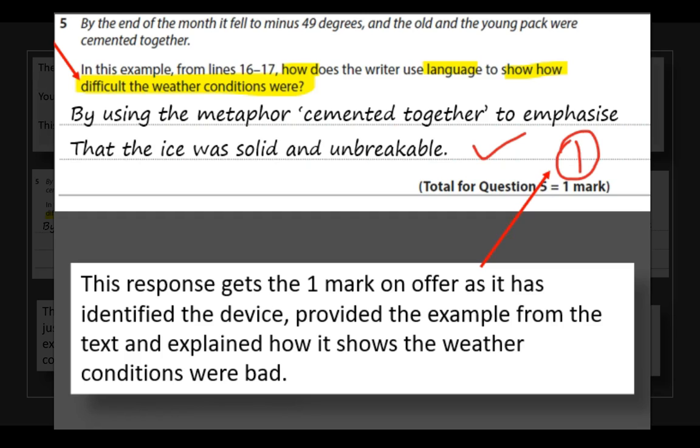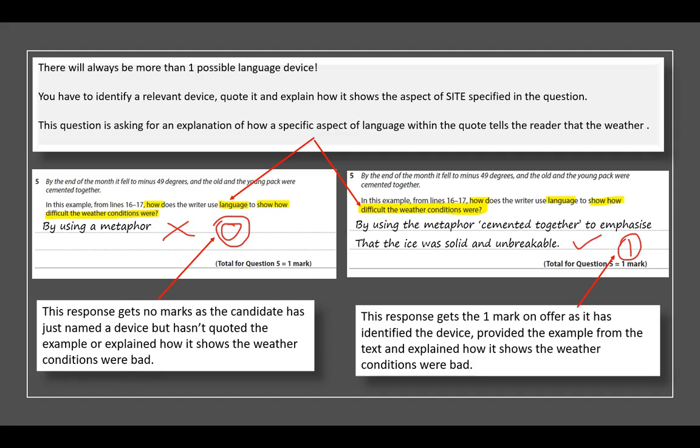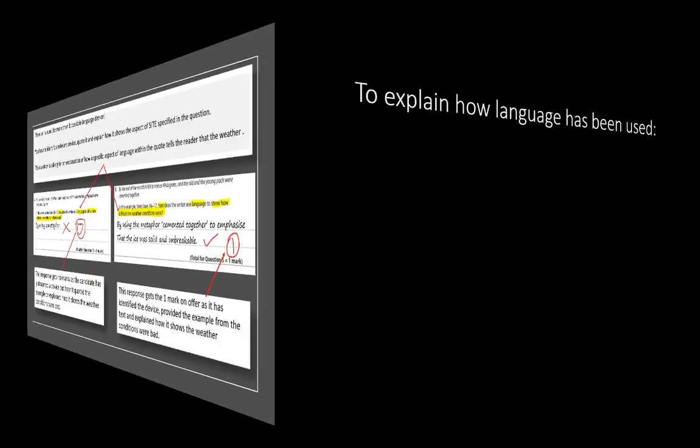So that metaphor is showing that the ice was solid and unbreakable, so therefore it's difficult. So you can see the difference between a good and a bad answer, an answer that gets the mark and one that just will never get the mark at all.